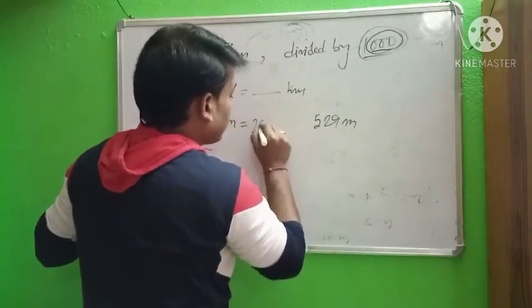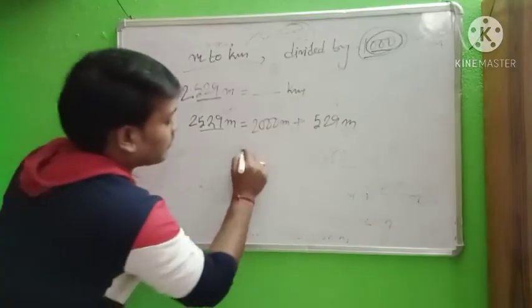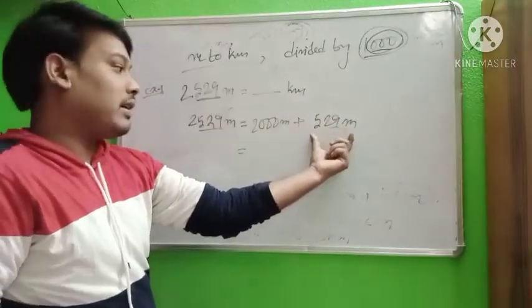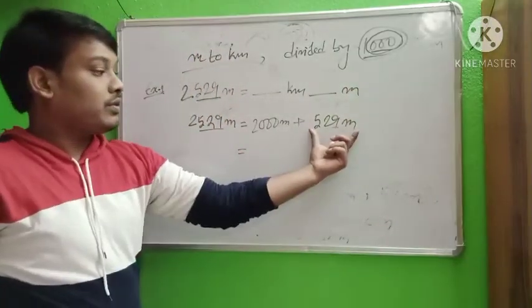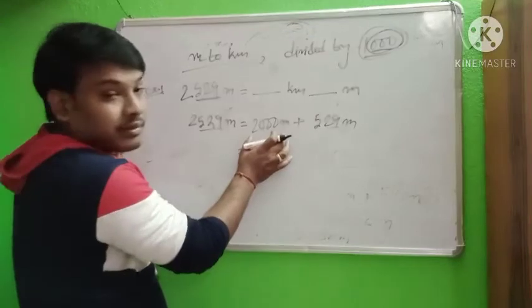Then here 2000. Now it is not possible to convert, so this answer comes in meter and we convert only this value.